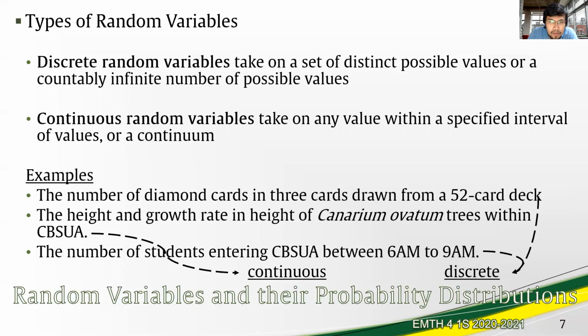The height and the growth rate can take on any real number value. Well, you go back to the real number definition. For the last example, the number of students entering the premises of CBSUA between 6 a.m. to 9 p.m. would also be a discrete random variable.